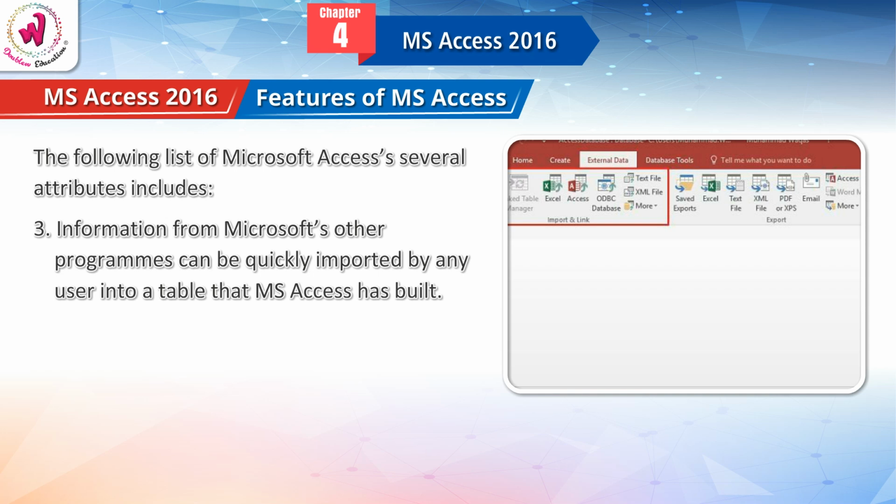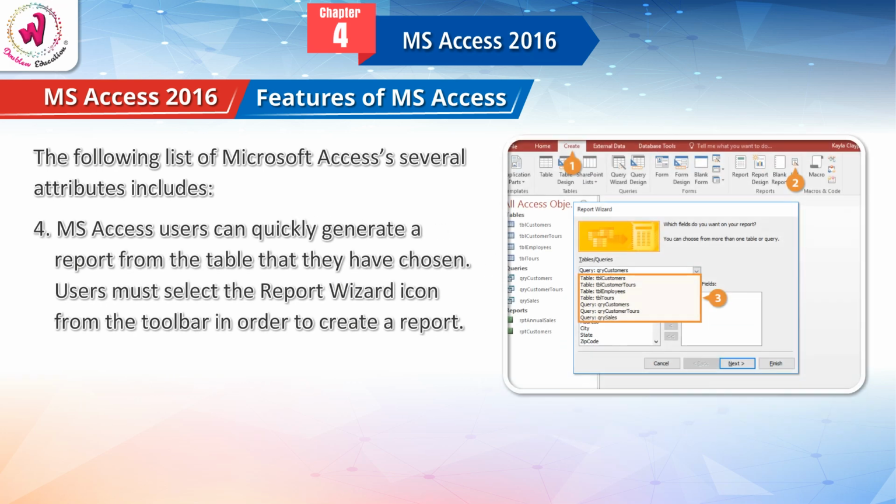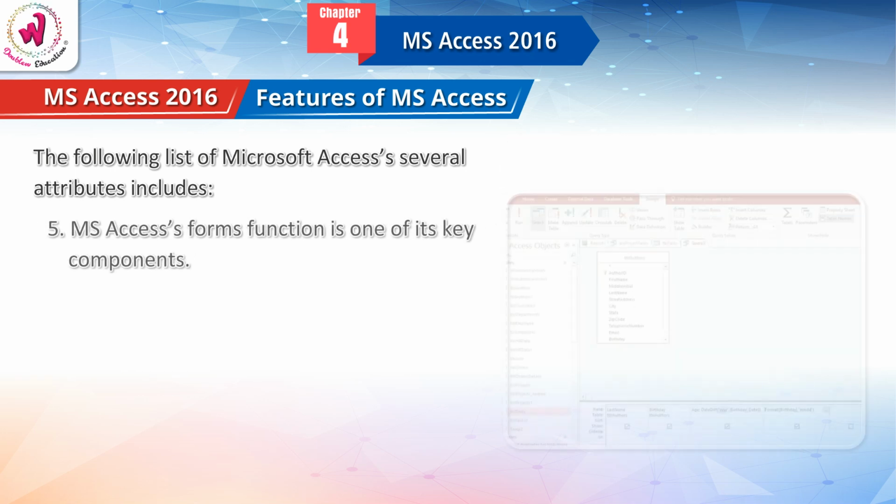Information from Microsoft's other programs can be quickly imported by any user into a table that MS Access has built. 4. MS Access users can quickly generate a report from the table that they have chosen. Users must select the report wizard icon from the toolbar in order to create a report.